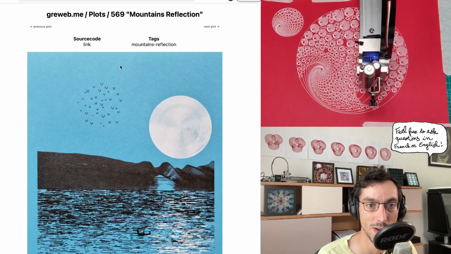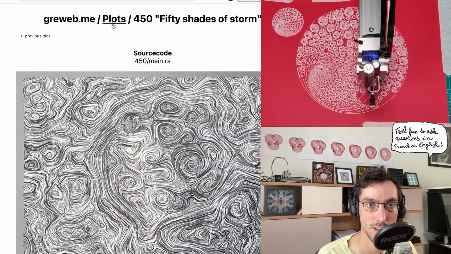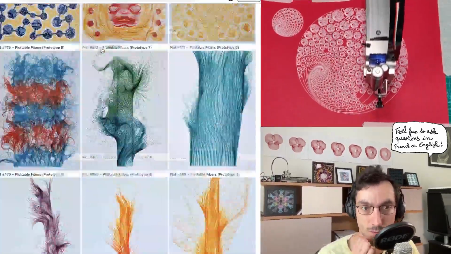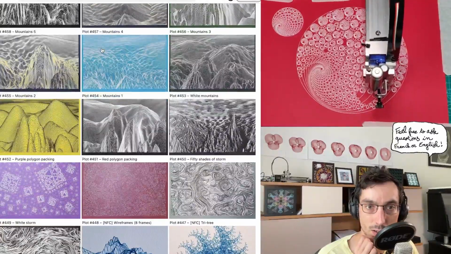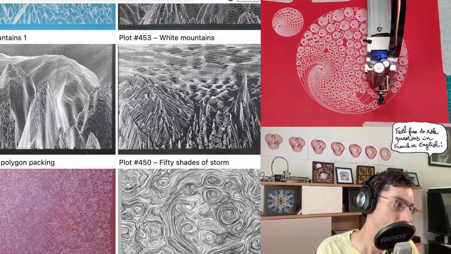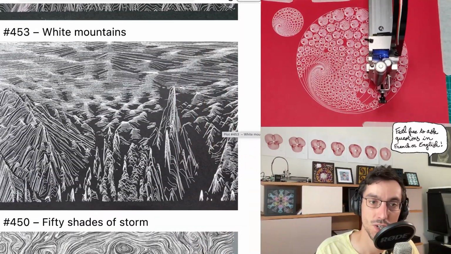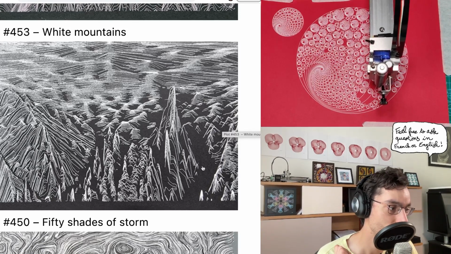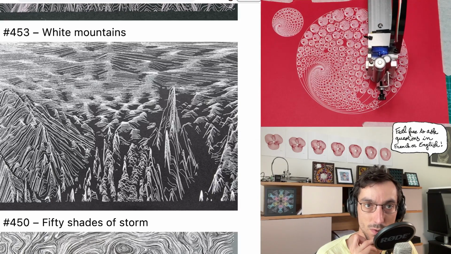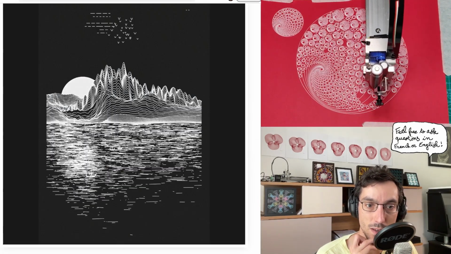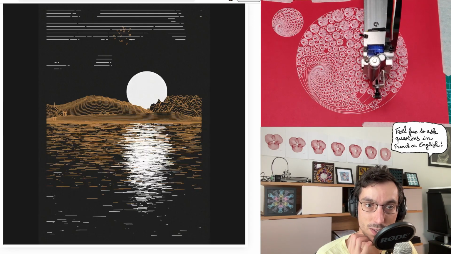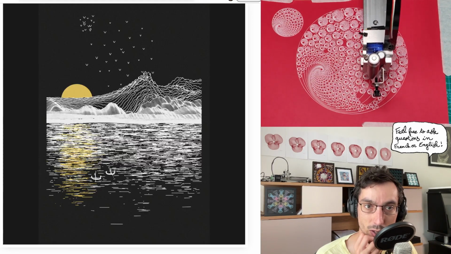But the base, the mountains, are the most important part of the plot. And it's based on many different explorations I did in the past, like we can see here. The fact we have some kind of empty area which gives some shadows is the same principle I use when you see some disconnection of lines.